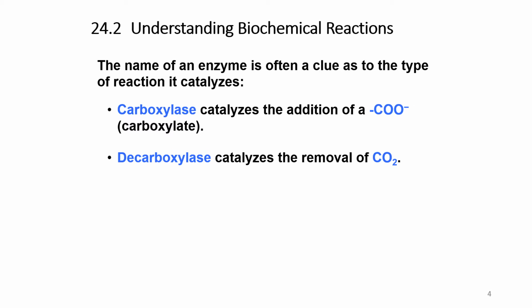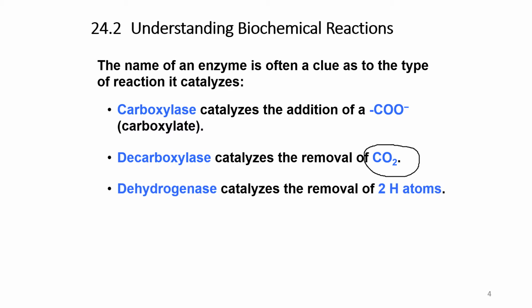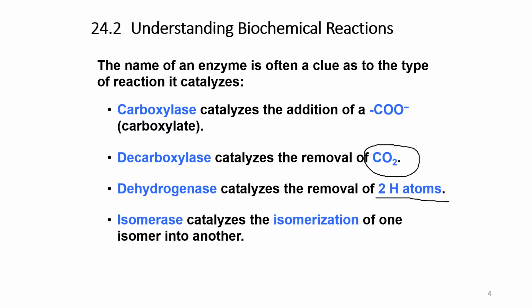decarboxylase, this enzyme removes a molecule of CO2. Dehydrogenase, just the way it sounds, hydrogen dehydrogenase. We remove 2 atoms of hydrogen. Isomerase, we know what isomers are, so this enzyme catalyzes the isomerization of one isomer into another.